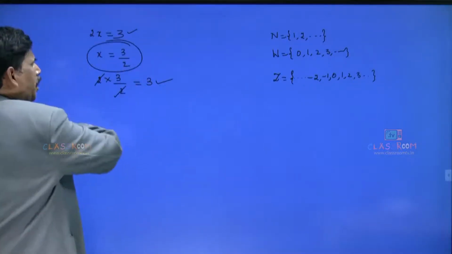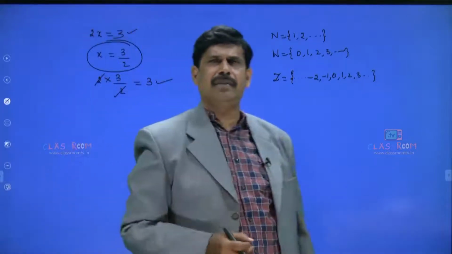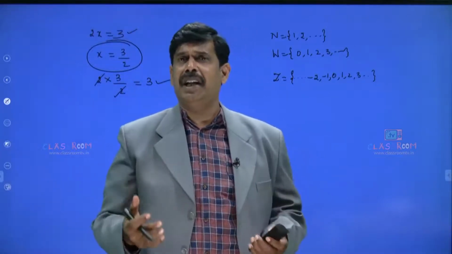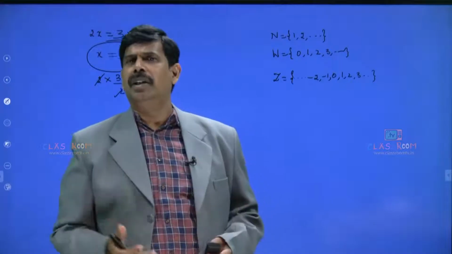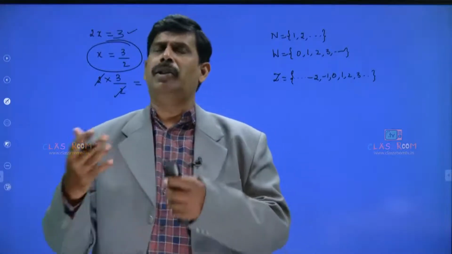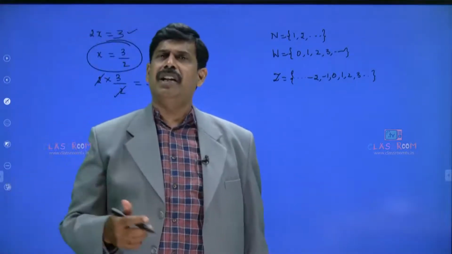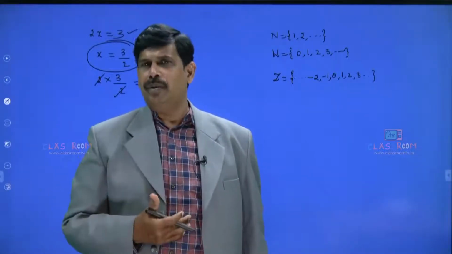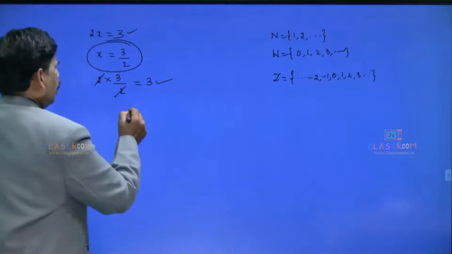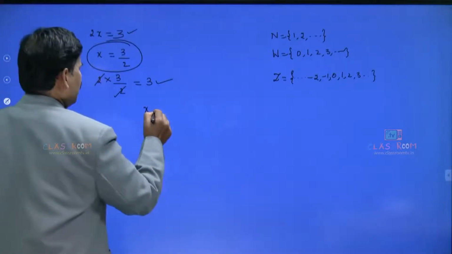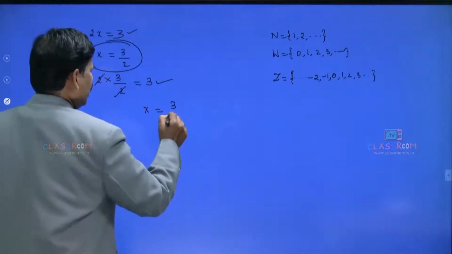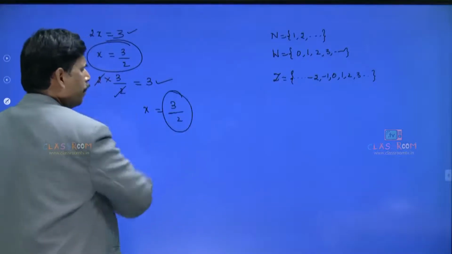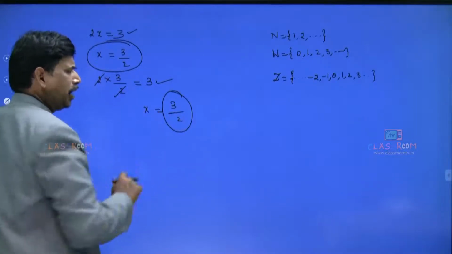So only 3 by 2 can satisfy this. That means we are finding another set of numbers which are in the form of p by q. Here we got the value of x as 3 by 2, which is in the form of p by q, and you see the denominator is not 0.